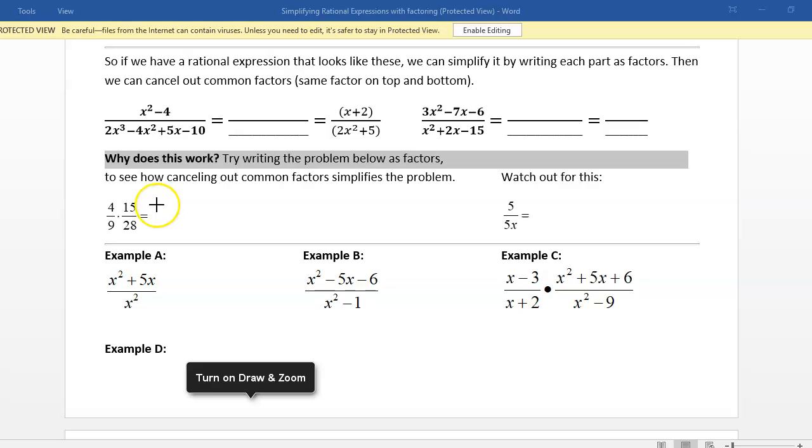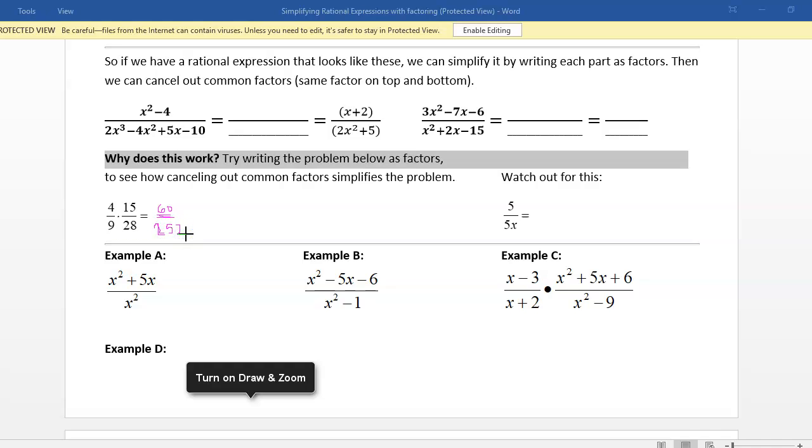If we multiply straight across, we would end up with 60 over 252.